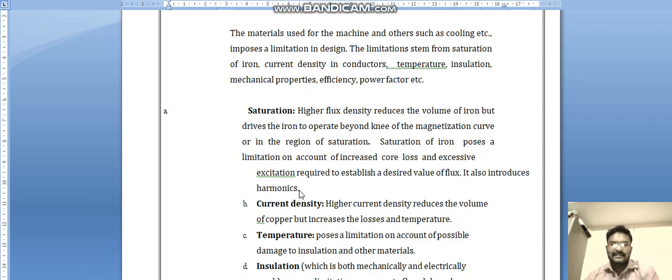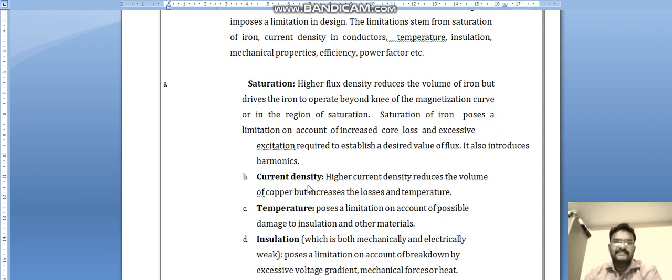Only the flux in the useful part of the curve will be useful. So saturation of iron imposes a limitation on account of increased core loss and excessive excitation required to establish the desired value of flux. It also introduces harmonics.